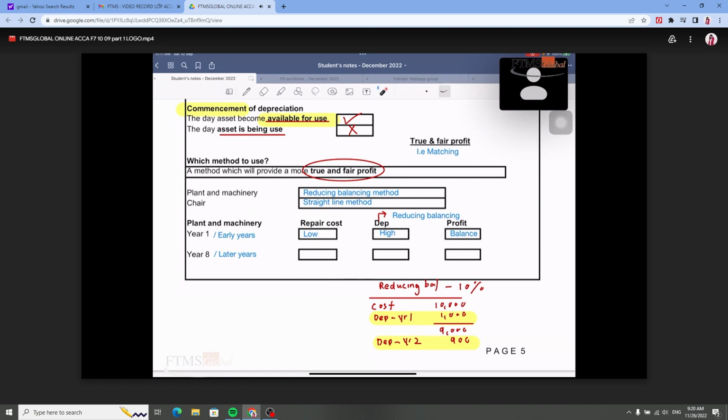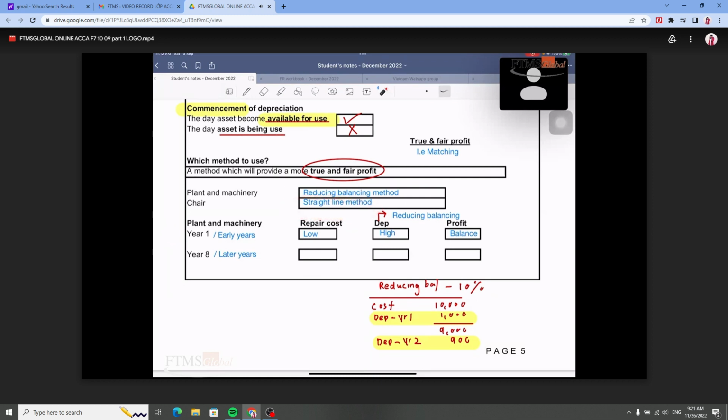Which method you should use? It depends on whether your repair costs fluctuate. If your repair costs fluctuate, like plant and machinery, then you need to use the reducing balance method. Obviously, if your repair cost does not fluctuate, then you will use the straight line method.